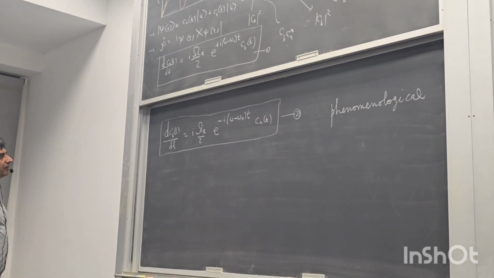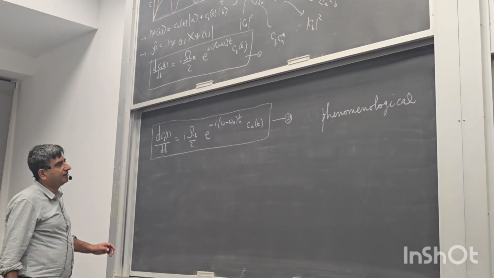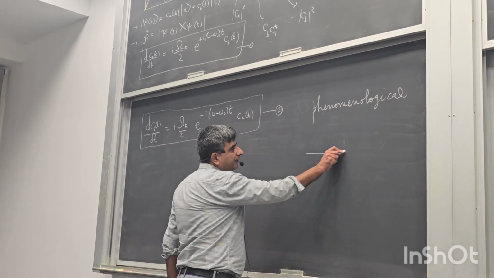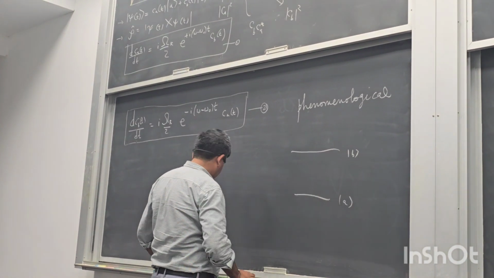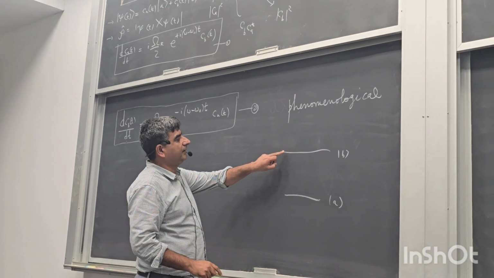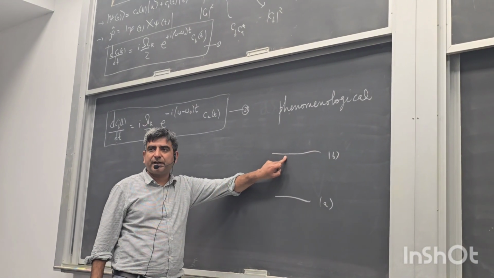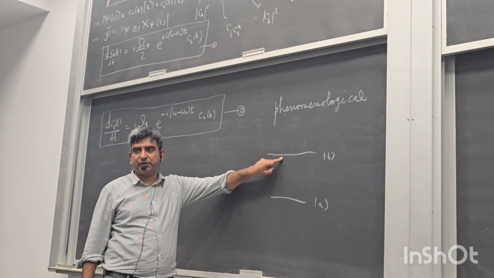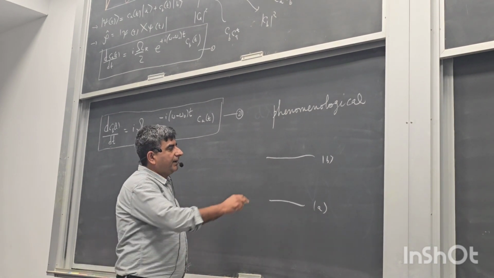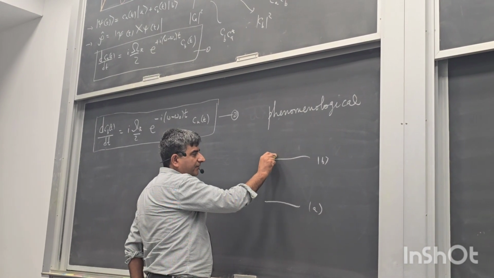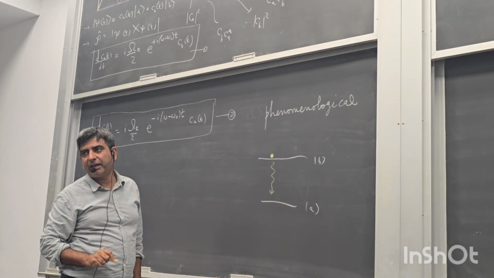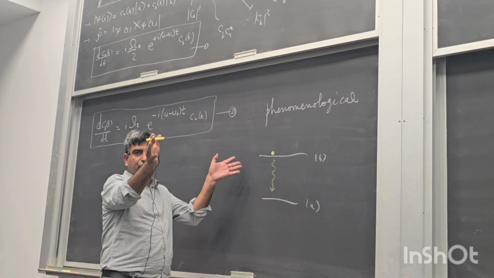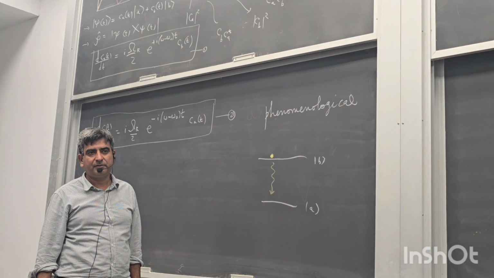So in order to do that, what we assume is that if I have two levels, ket A and ket B, then if there is a non-zero amplitude in ket B, which means CB is non-zero, an atom in this level has a propensity to decay, and when it decays, it gives off photons through spontaneous emission.